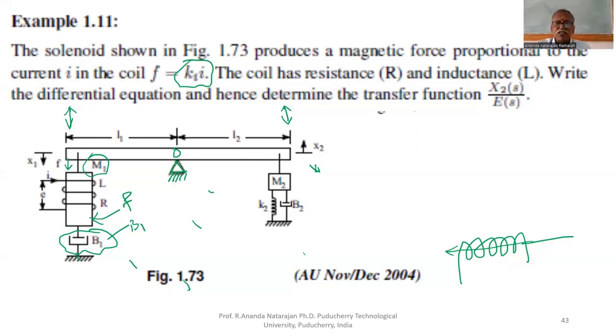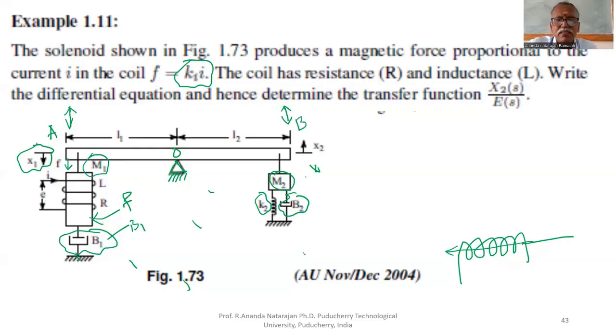The other end is fixed to mass M2. The mass has the property of spring K2 and dashpot constant B2. Now, what is the direction of displacement that we have to see? Because of the force developed by this coil, the displacement at this end A is x1.